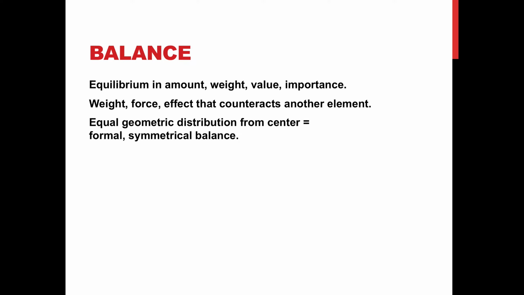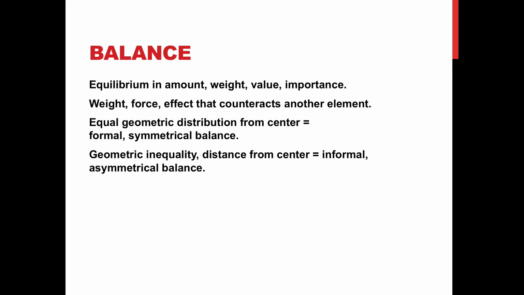Basically, a formal, really symmetrical balance is where it's equally distributed from the center of the page. A geometric inequality, so something that might be like that 3-column site that we showed a second ago, really can help you show this asymmetrical balance.